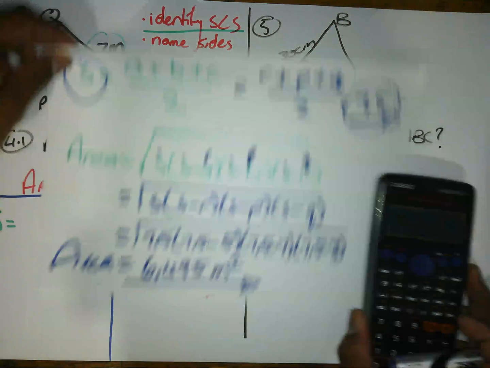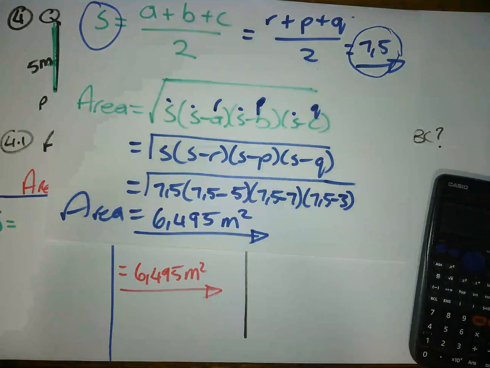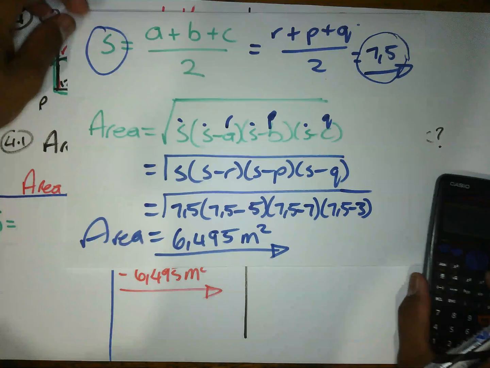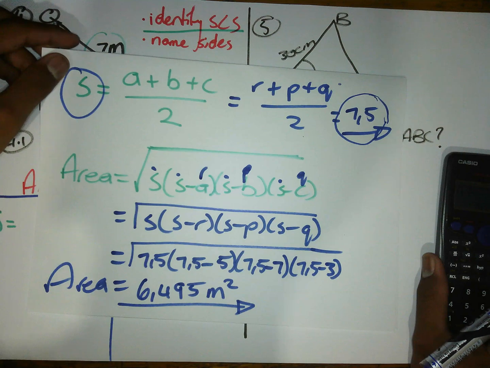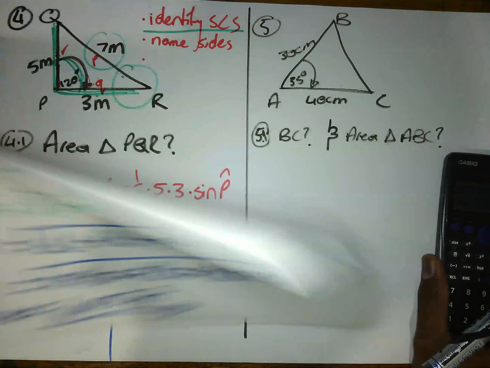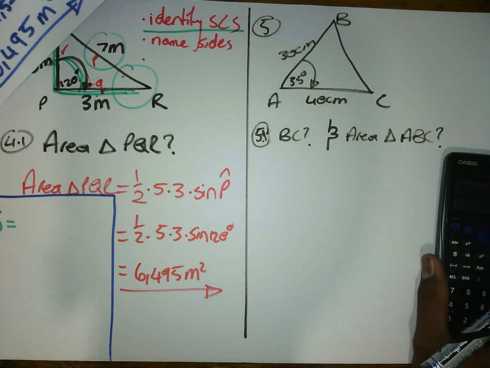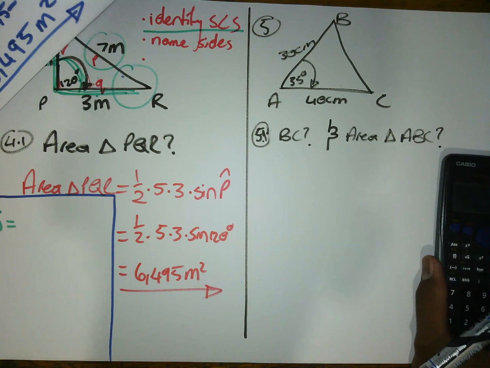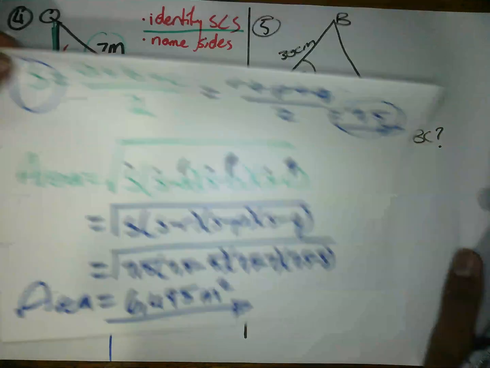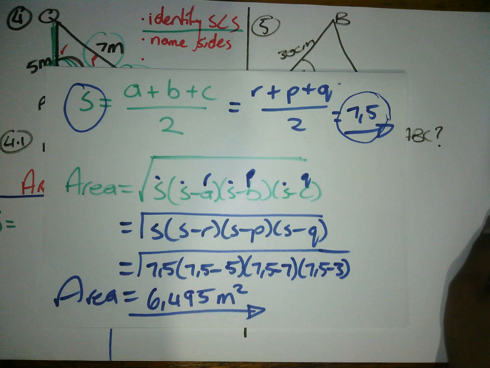And what did I get? I got the same answer. You can use this rule if you're comfortable with it, and you can use the area rule we did this evening. You can do both. You can do the one to check the other one. It's entirely up to you.